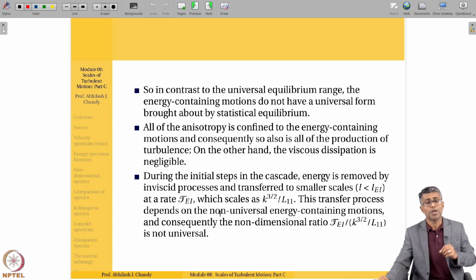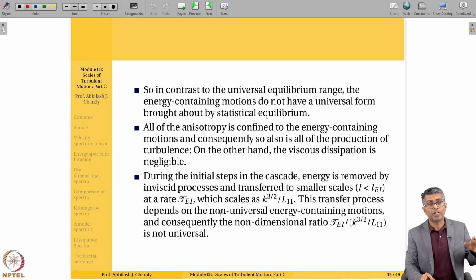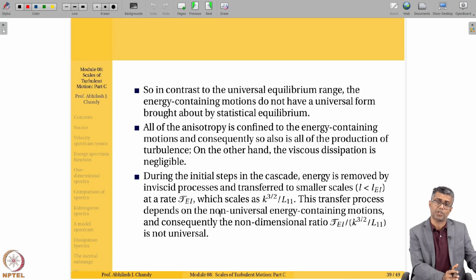So in contrast to the universal equilibrium range, the energy containing motions do not have a universal form brought about by some kind of statistical equilibrium. We already knew that. And all the anisotropy is confined to this energy containing range, right? Anisotropy means the directional biases.